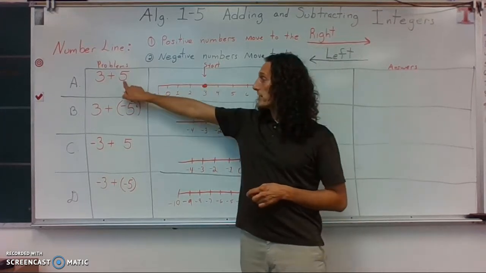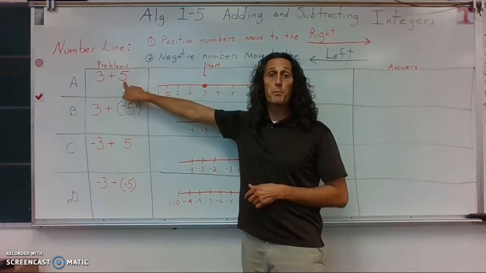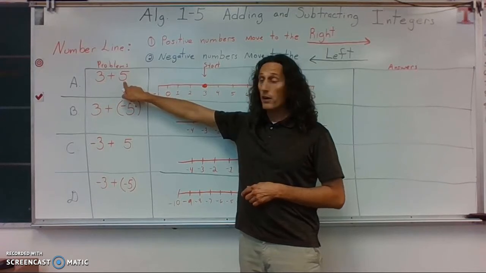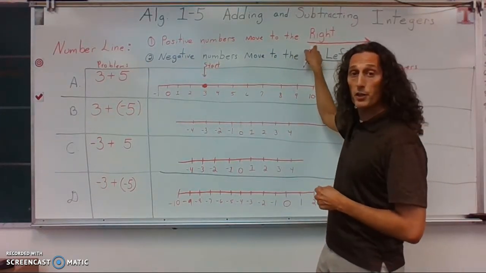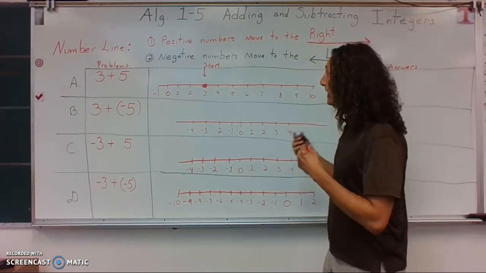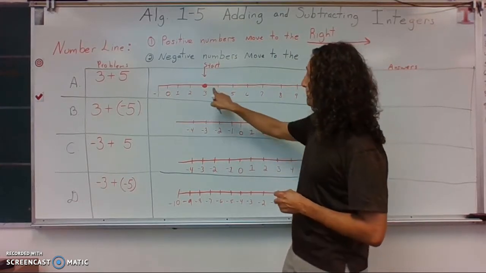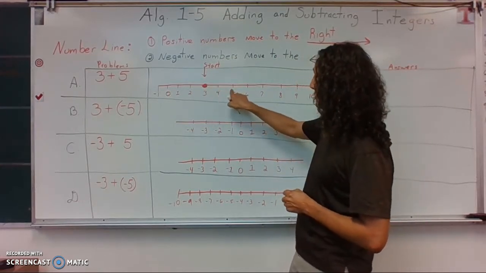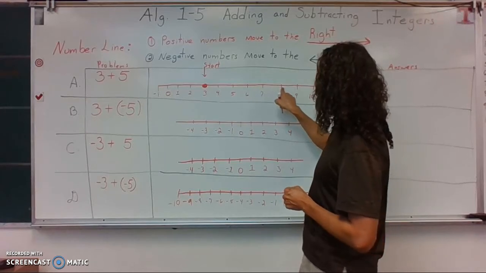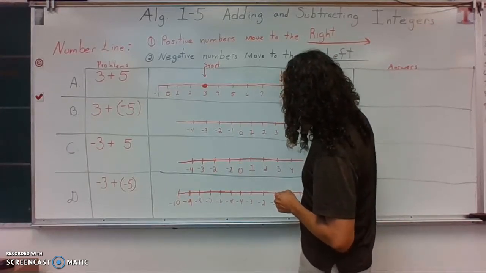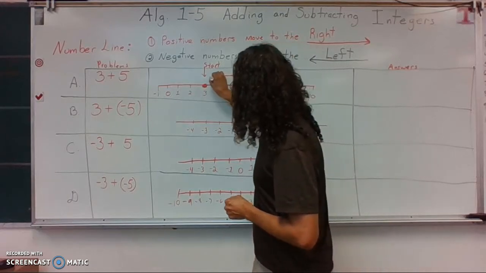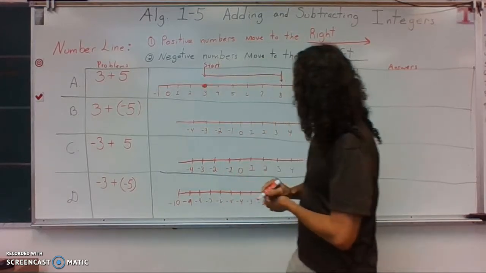Now, when it says plus 5, well, that looks like a positive 5. Well, according to this, that means we're going to move to the right because it's a positive number. So what happens, I'm going to go 1, 2, 3, 4, 5. So I'm going to put a little arrow there and a little bar going all the way back to our 3.